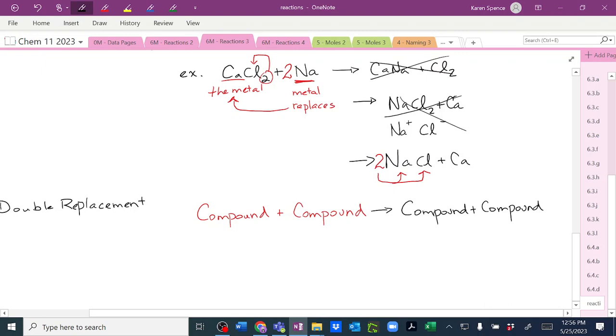What type of compounds are these? They are ionic compounds, all of them, because the metals swap places and the non-metals swap places. Okay, so everybody is ionic.